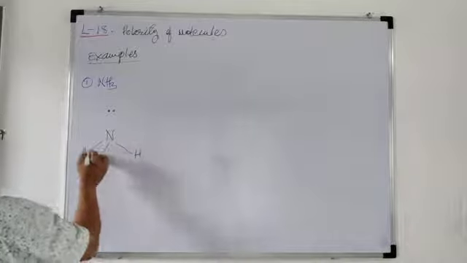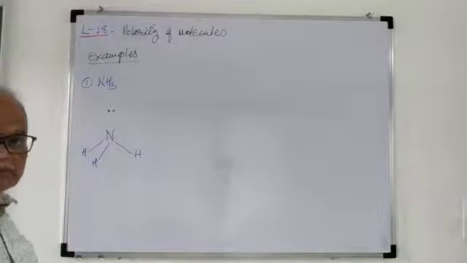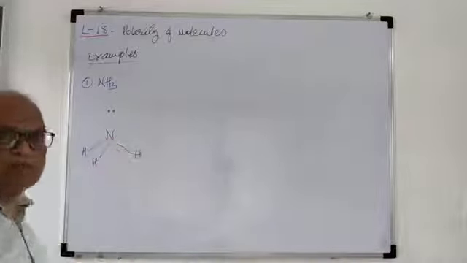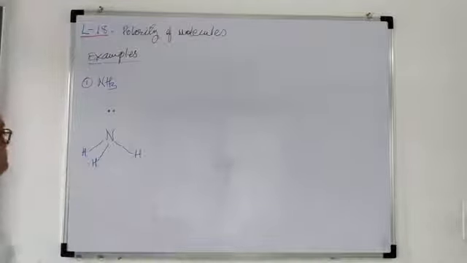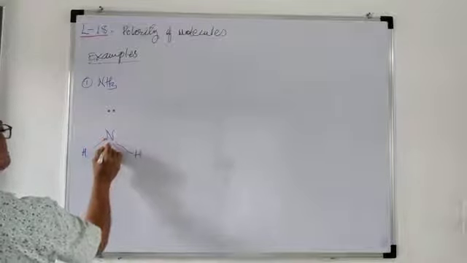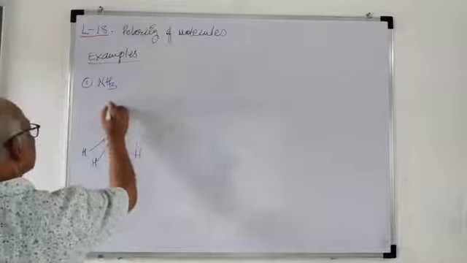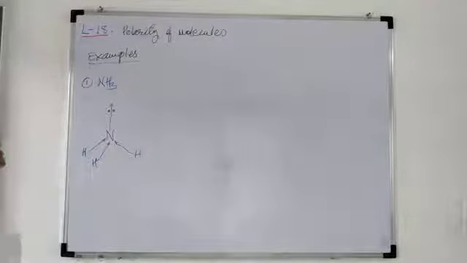So compared to these nitrogen and hydrogen, the electronegativity shows that nitrogen is more electronegative than hydrogen. So the dipole moment is pointed in this direction. Then this lone pair is pointing away in this direction.